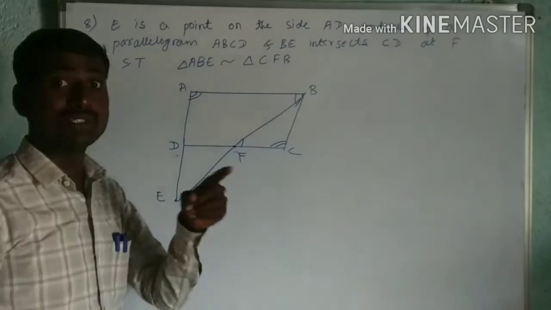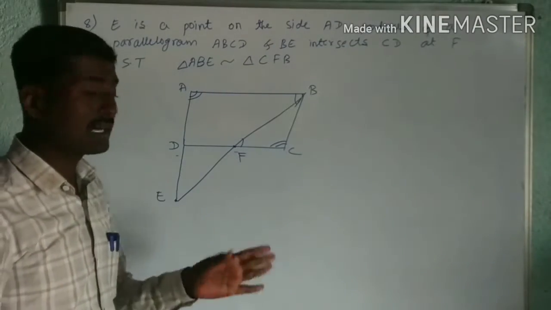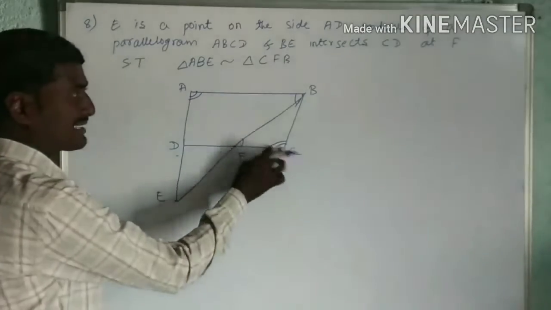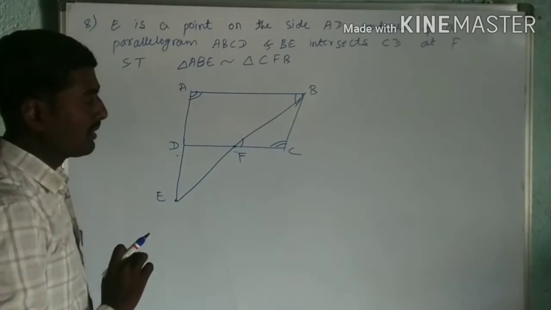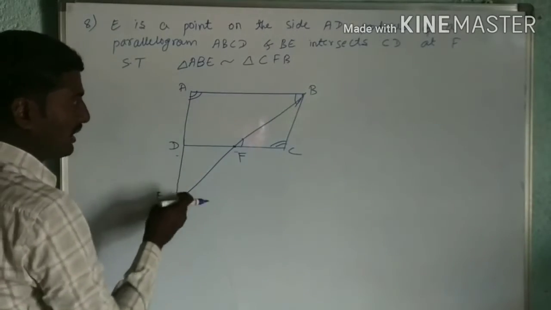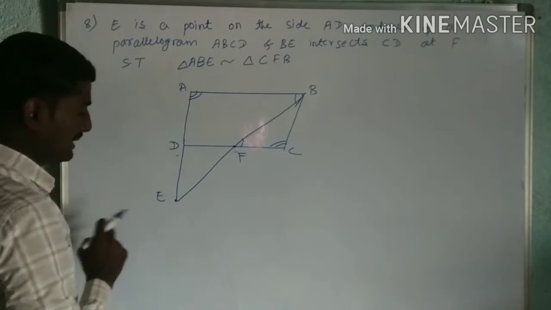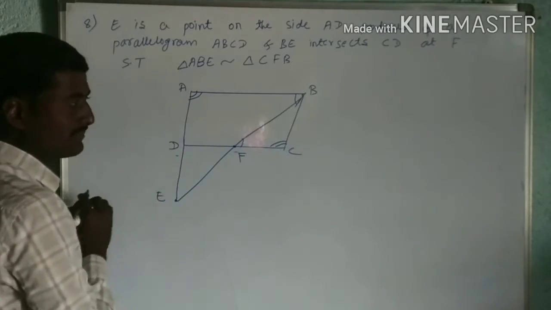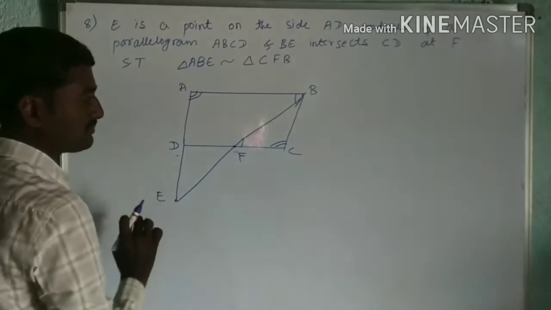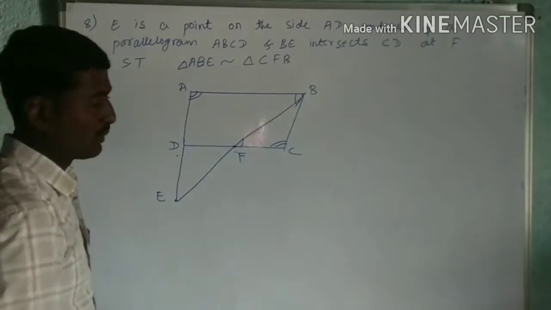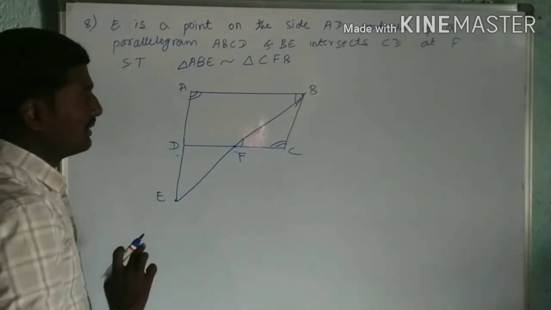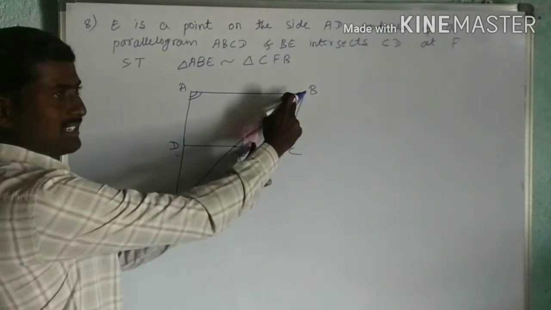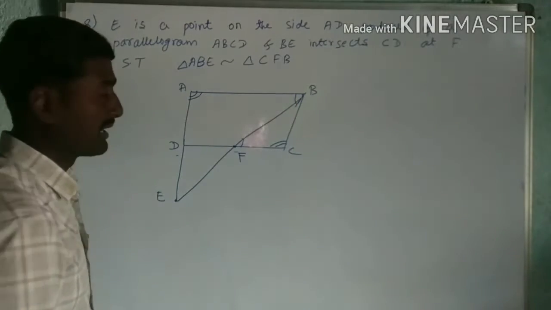In a parallelogram, opposite angles are equal, meaning angle A is equal to angle C, angle B is equal to angle D. But I need one angle of triangle ABE, that is angle A, and for triangle BCF, angle C. These two angles are equal. And these two angles are also equal because they are alternate angles.